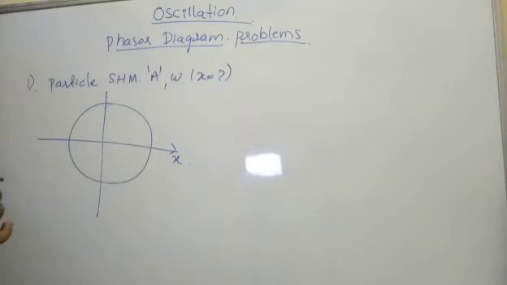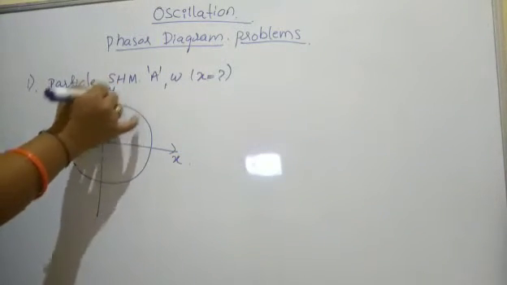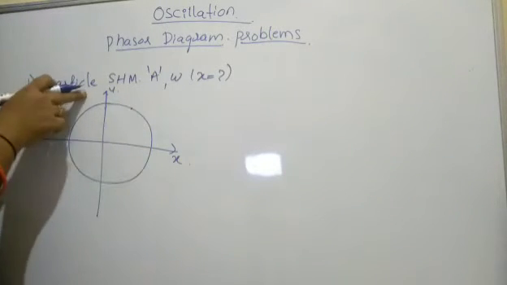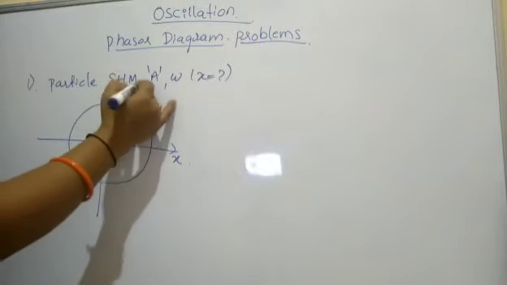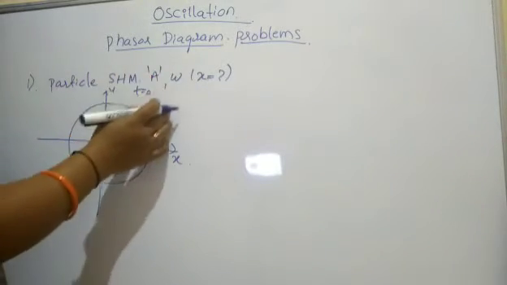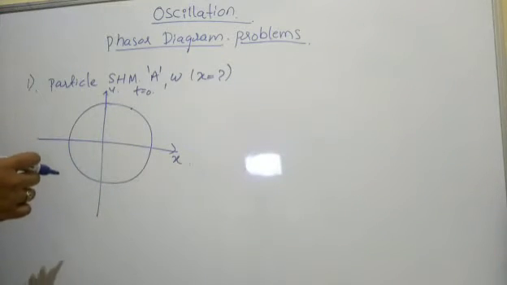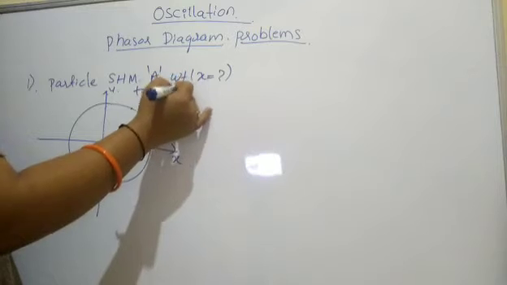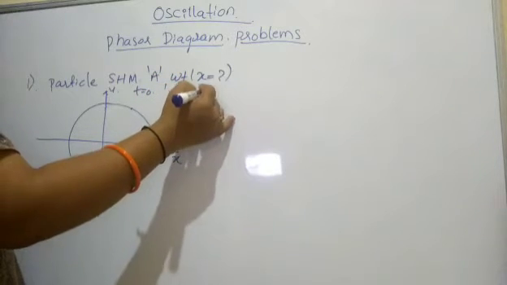This is the x axis, and this is the y axis, where the particle starts from. I forgot to mention here, the particle executes simple harmonic motion, at t equal to 0. A will be the amplitude, omega will be the angular frequency, where omega t will be the angular displacement.